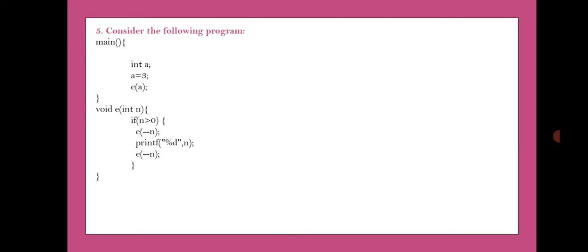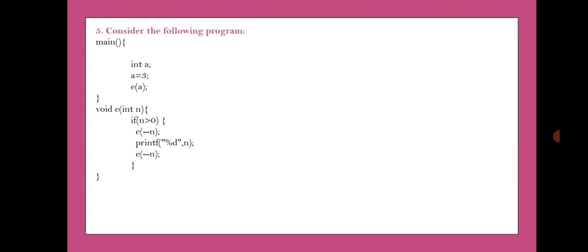Okay, now it will become 2, right? Then e of minus minus 2, that will become e of minus minus 2 will once again enter into this. So minus minus 2 terminates, since it is not greater than 0.